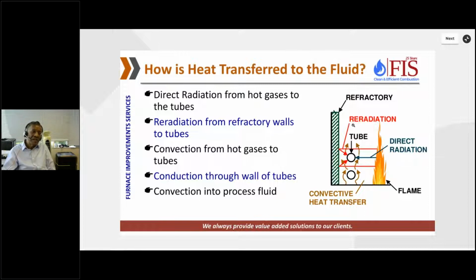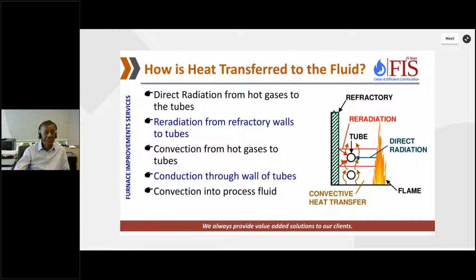One is the direct radiation, and even in direct radiation, there are two. One is the flame radiation, and the second is the flue gas radiation, which basically takes place because of carbon dioxide and water vapors. Those are the molecules which are actually radiating.